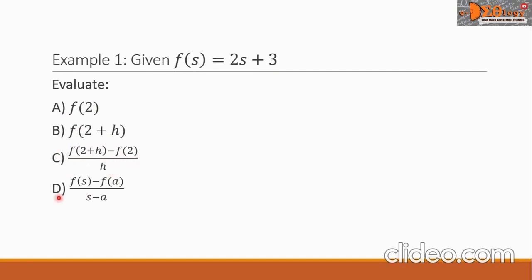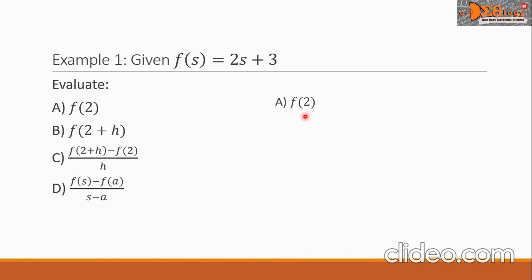Letter d. Another fraction whose numerator is the difference of f of s minus f of a, all over s minus a. Let's begin with letter A. Let us evaluate f of 2.